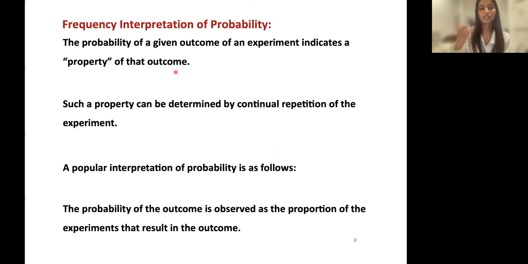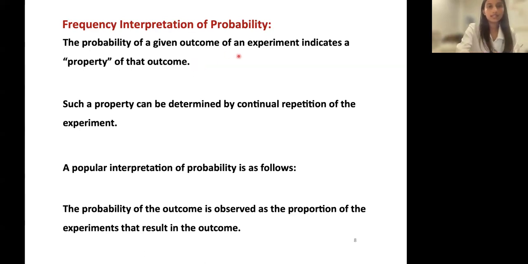The first one was the frequency interpretation of probability. The probability of a given outcome of an experiment indicates a property of the outcome. If somebody says the doctor is so good, there's a 90% chance that your disease will be cured, it means that the doctor is a good doctor, the way he does his surgeries follows the correct procedure, and it's effective.